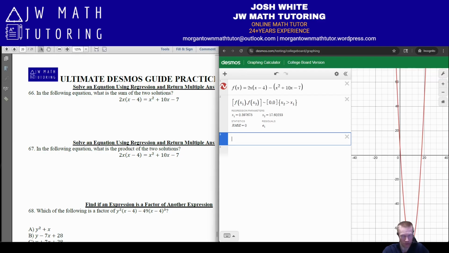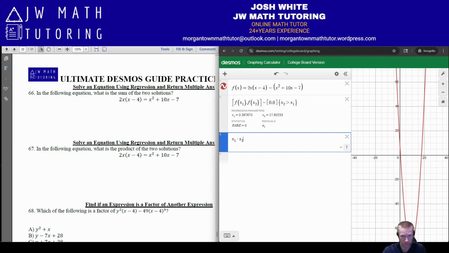So everything essentially is the same. It's just now it's asking for the product of them. So you just take x1, multiply it by x2, and notice now I get 7. Okay, so the product of these two solutions is 7, and that's it.